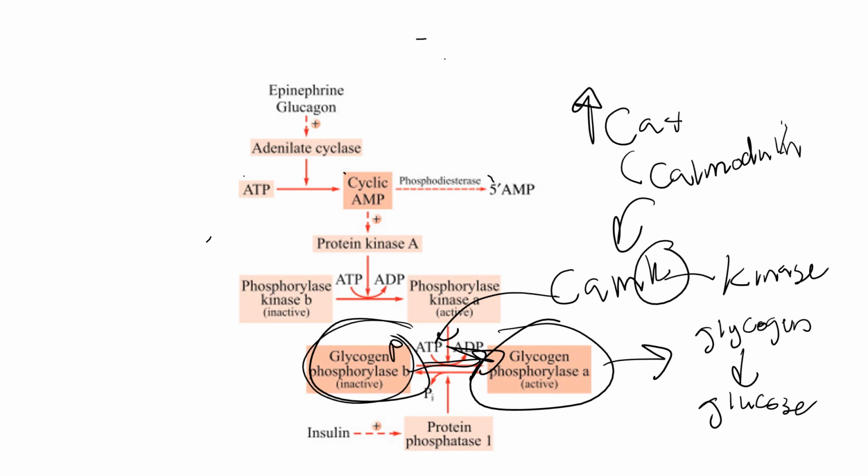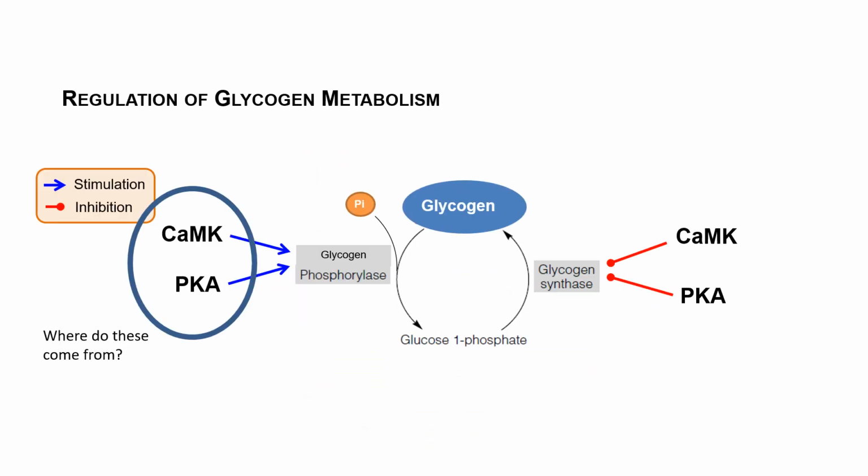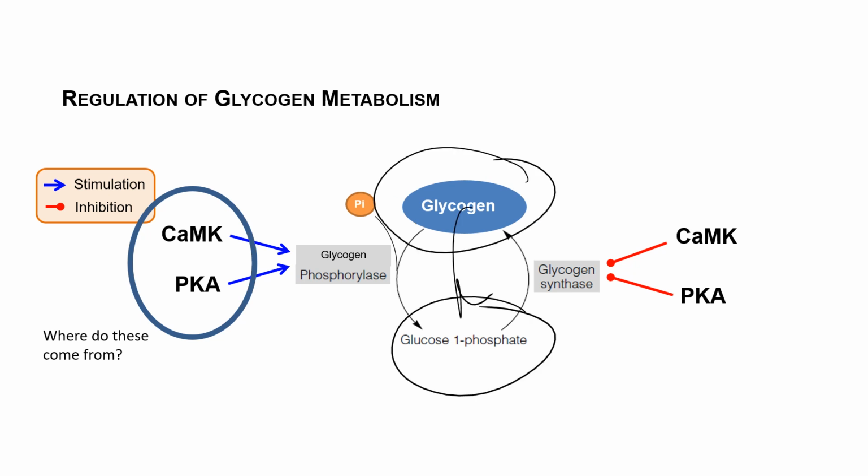So let's take a step backwards and talk about what all of this means that we've discussed so far for our sprint. What I said at the very beginning was that half a second into a sprint, the active skeletal muscle cells that are involved in that sprint, within the quadricep, hamstring, gluteal muscles, etc., are already breaking lots of glycogen down to glucose.